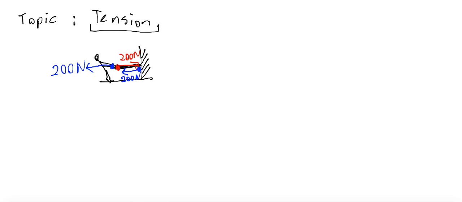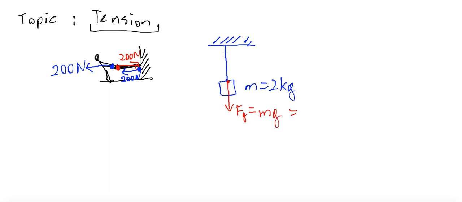Okay, so another example of tension. Let's imagine that we have an object of mass, let's say 2 kilograms, which is attached to the ceiling by an inextensible string. So what is the tension of this string? The object acts on the string by gravitational force, which is equal to m times g, so 2 times 9.81 meters per second squared, which gives 19.62, so around 19.6 newtons.